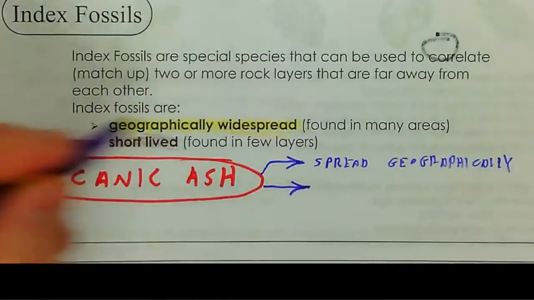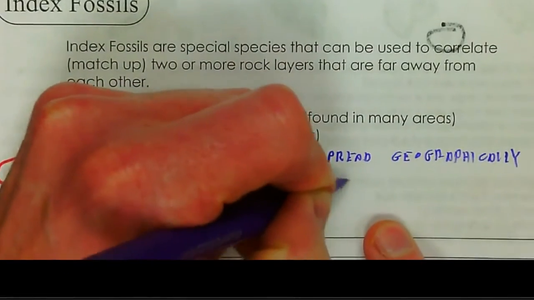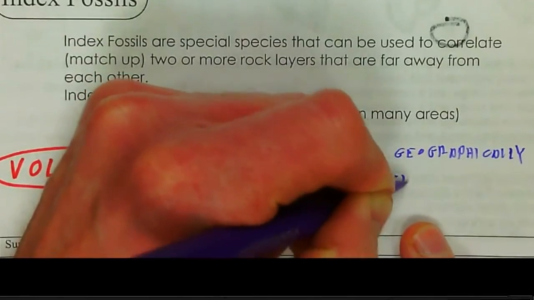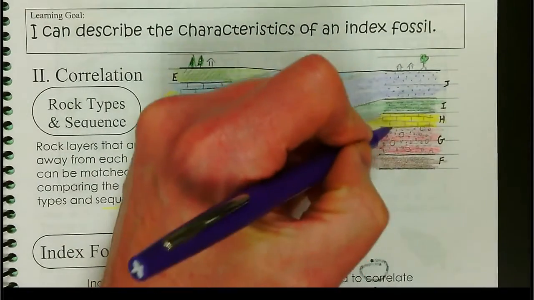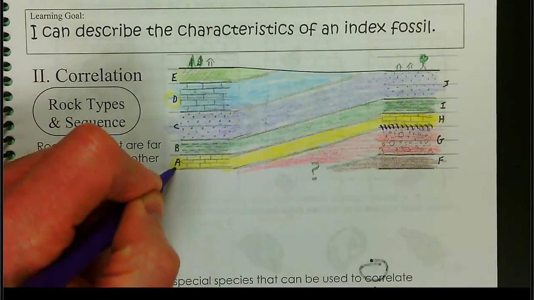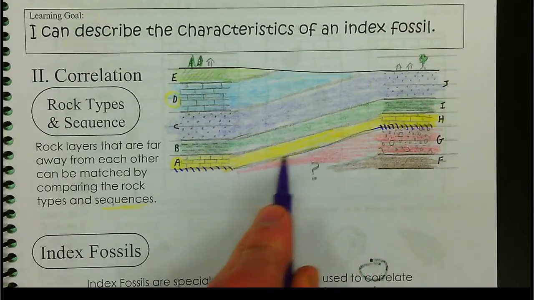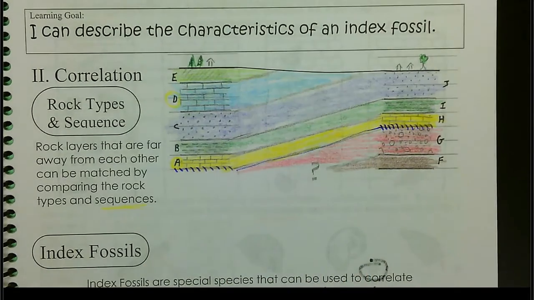So volcanic ash is going to happen in a very short time. It will also help us correlate. If we find a layer of volcanic ash in between these rocks, and we also find a layer of volcanic ash down here, it may help us correlate or match up those layers.